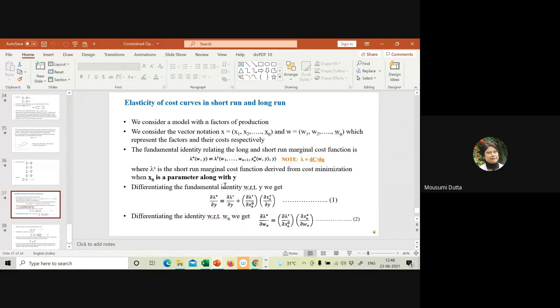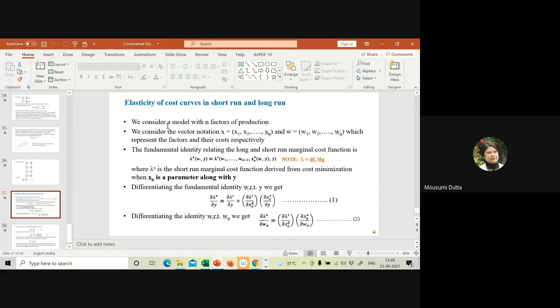So in terms of the Lagrange multiplier, in the context of the cost minimization exercise, we may present lambda as representative of marginal cost. We are writing the value of lambda for the short run and the long run.